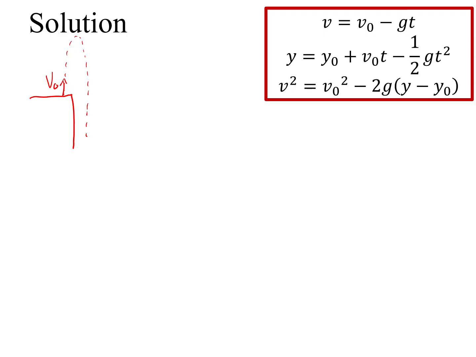And the next step is writing down all the given variables or the known values. So initial velocity v naught is 13 meters per second. Acceleration is negative g.